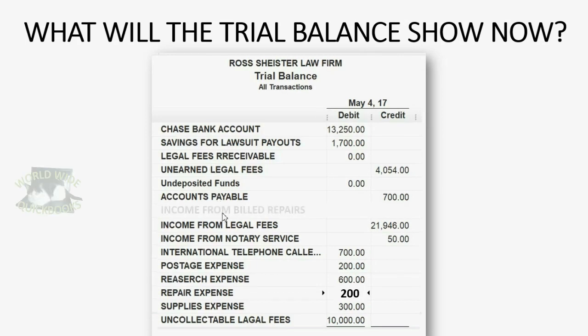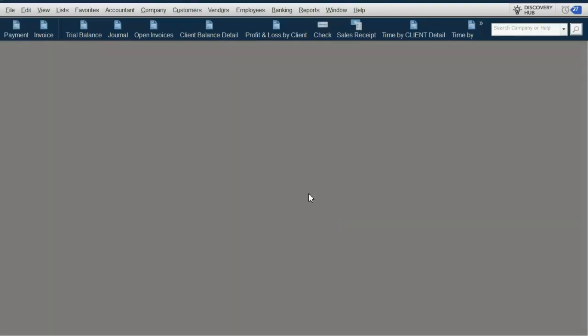QuickBooks now knows that this income account is where to put the money at the moment you bill the client for a billable expense. And these will be the two numbers that will change at the moment that we map the repair expense to its corresponding income account.